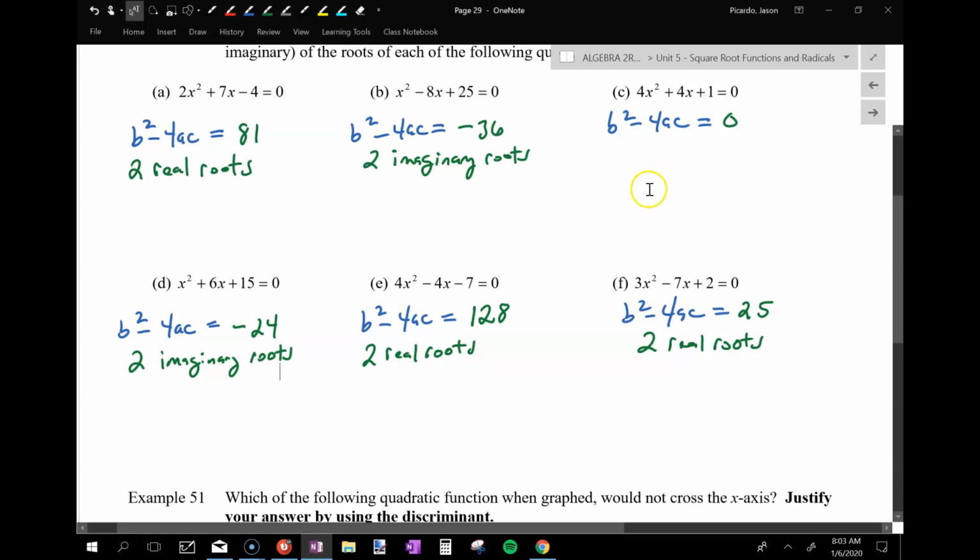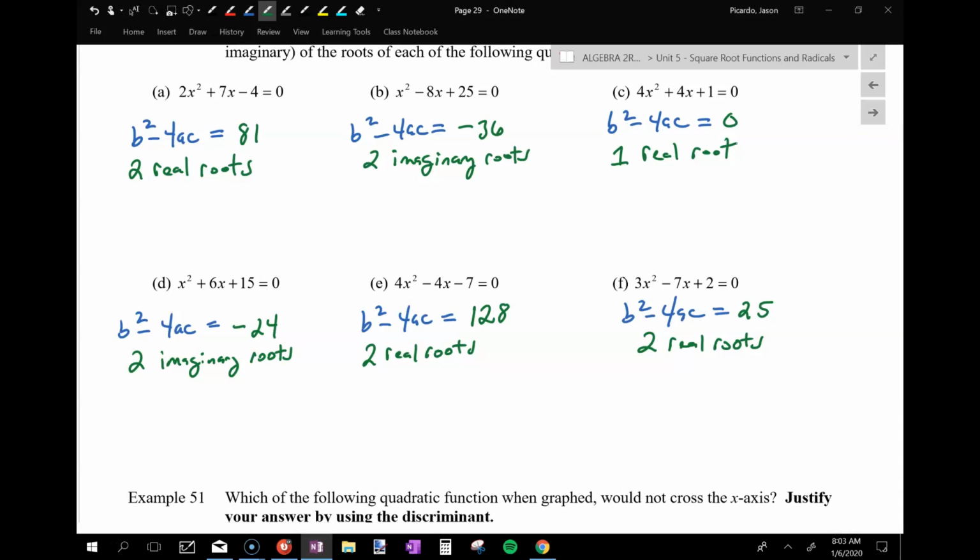If my discriminant is 0, I have 1 real or imaginary? Real, because I can take the square root of 0. 1 real root.